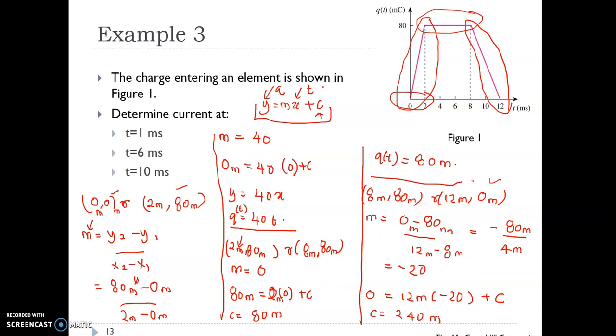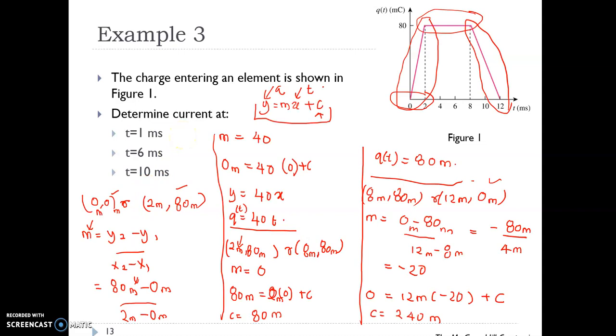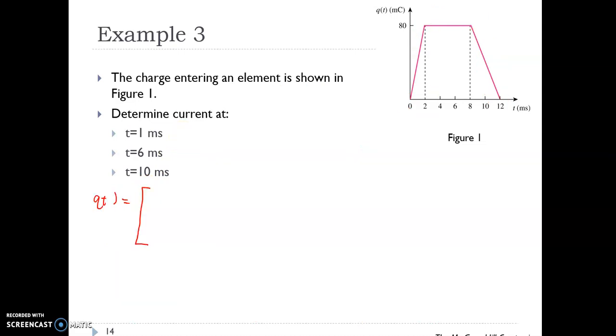Okay, therefore, rewriting your q of t equals to, first one is 40t from 0 until 2m.